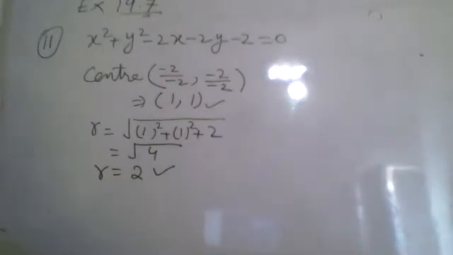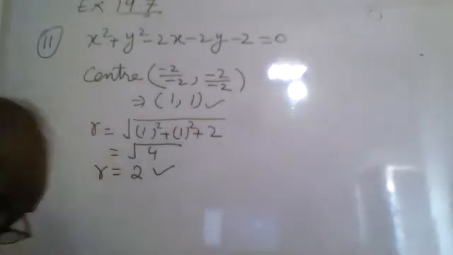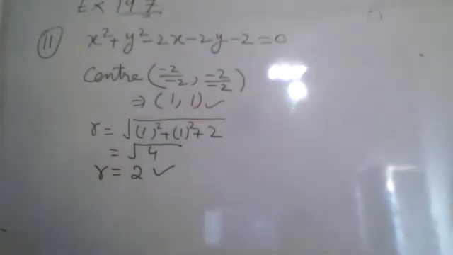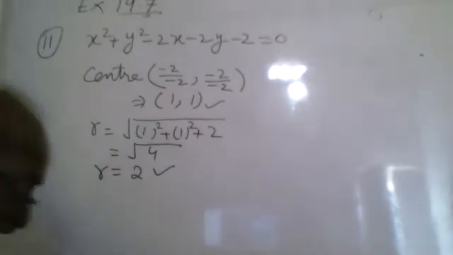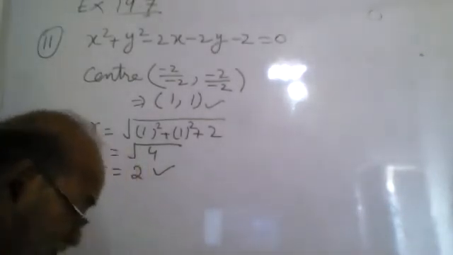Now we'll do question number 23: 4x square plus 4y square plus 12x plus 16y plus 5 equal to 0. The remaining questions are the same type.